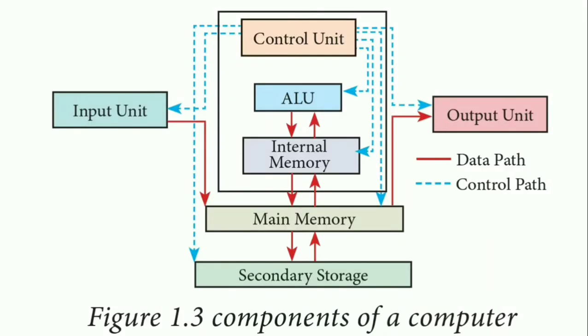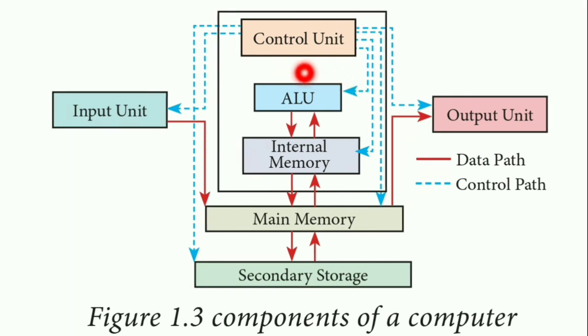Now look at this picture. Let's see the data flow using the input unit, that is input devices like keyboard, mouse. The user will give the input to the computer and it directly goes to the memory unit. Yes, data are stored in the memory unit and later for processing, the control unit will fetch the data from the memory unit and give it to the arithmetic and logic unit.